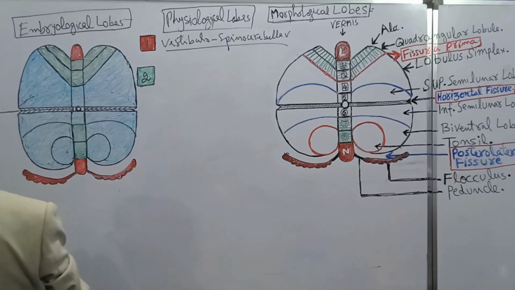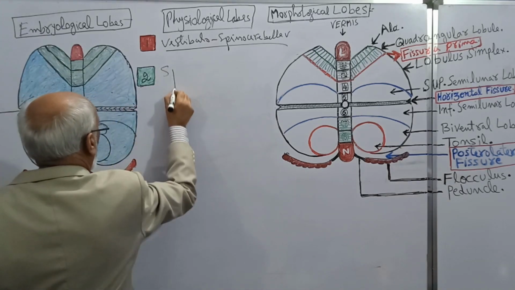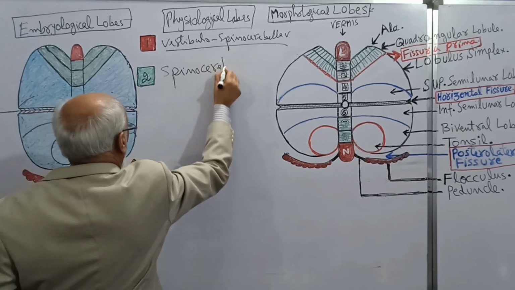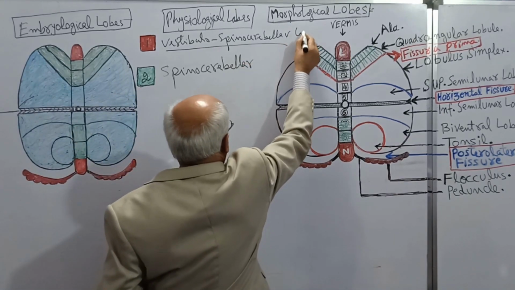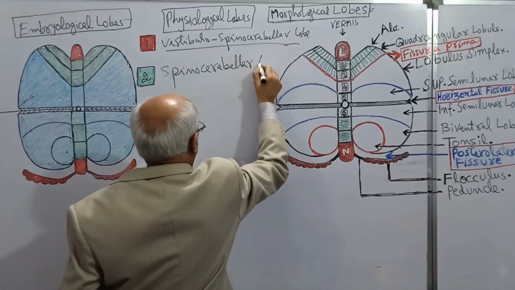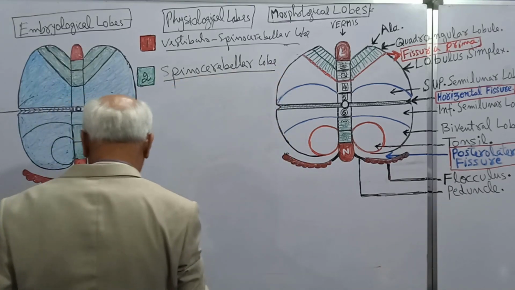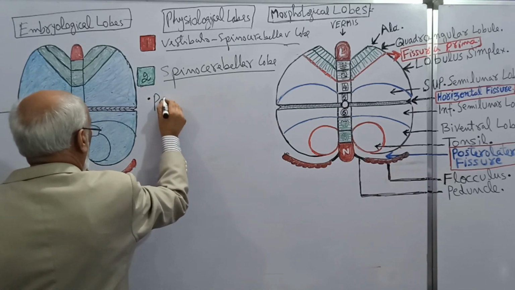The second physiological lobe is the spinocerebellar lobe. Now, what are the parts included in this lobe?